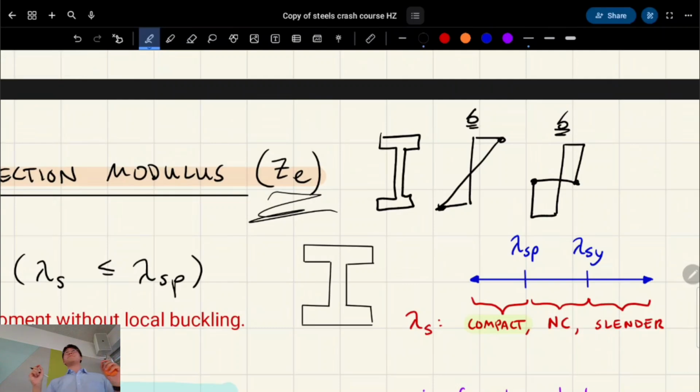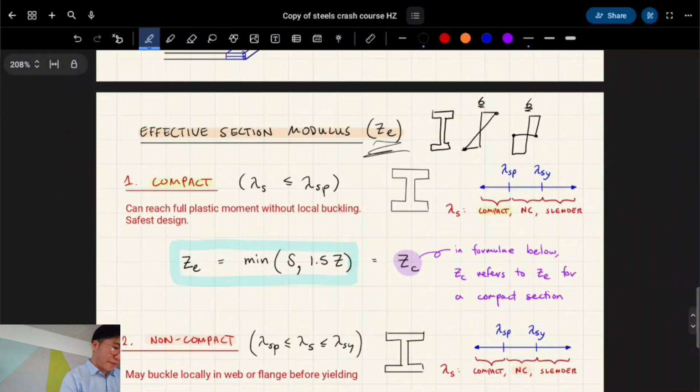And at some point in between is where we consider our section to have failed in yielding, right? It's not when just the outermost fibers are yielded, and it's not when the entire thing is yielded. It's somewhere in between. That's what these calcs are about, and it's a function of how slender your elements are. That's what effective section modulus is talking about, right? Make sense? Yeah? Okay. That's the aim.